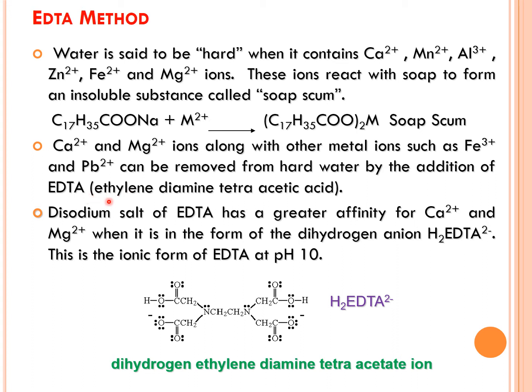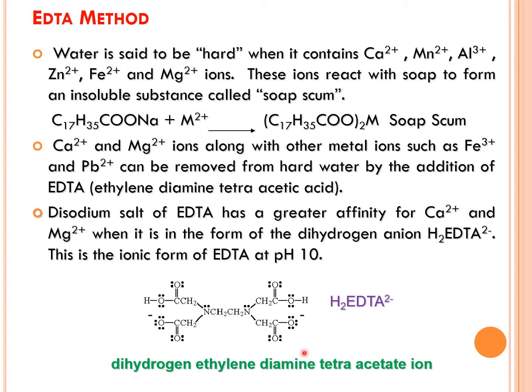In that particular case, we have to use the disodium salt of EDTA or the tetrasodium salt of EDTA. Those di and tetrasodium salts of EDTA have very high solubility in water, and when they ionize, they give the H2EDTA -2 ion. This ion will react with the metal +2 ion and form a tetrahedral complex which is stable, and it will drag out the metal +2 ion from the hard water.